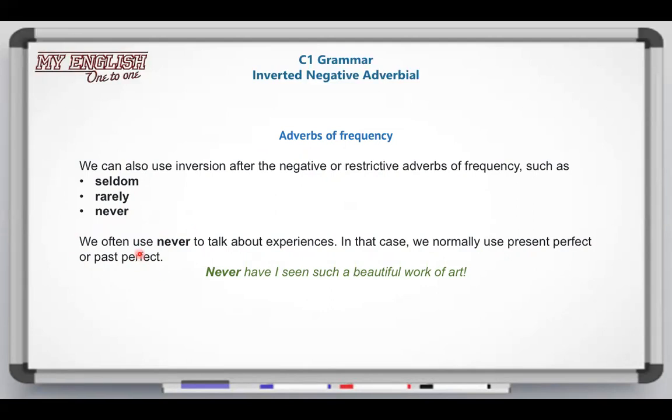All right. Basically, just remember this, you can do inversions with these. But when you use never, try to use present perfect or past perfect. The others you can use in any other tense, but never you have to use in present perfect or past perfect. Okay, let's see an example. Never have I seen such a beautiful work of art.